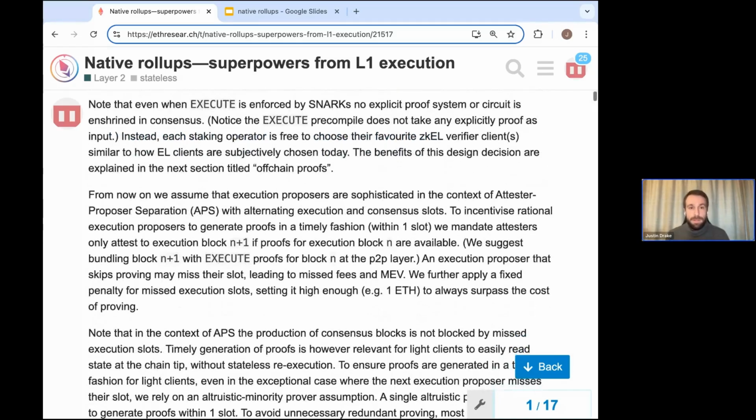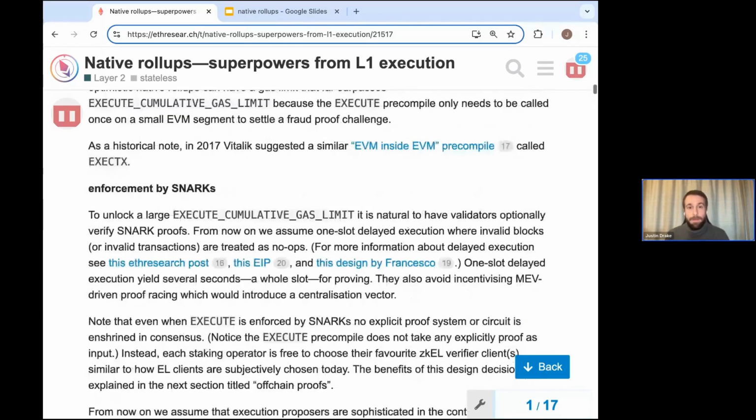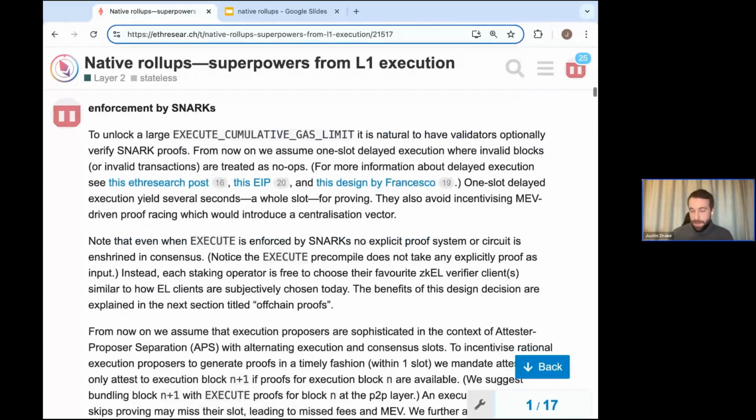Now, one important thing here is that today, when you build a zkEVM, more likely than not, there's going to be bugs. And so how do we safely bring the power of zkEVMs to Ethereum L1 without jeopardizing the safety of Ethereum?